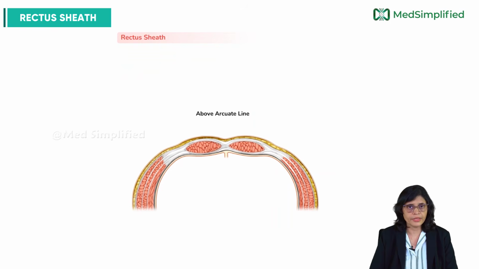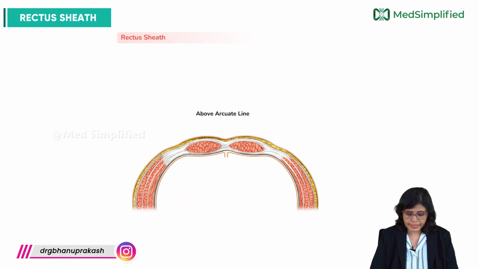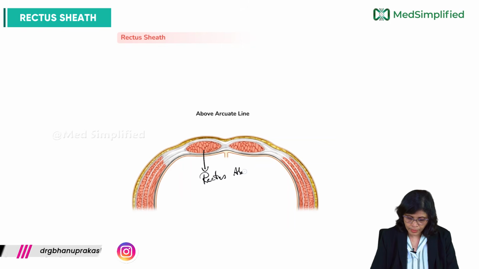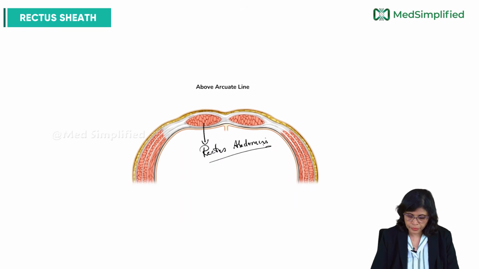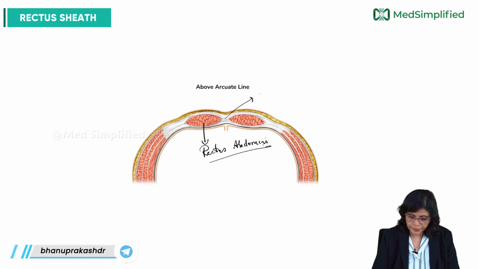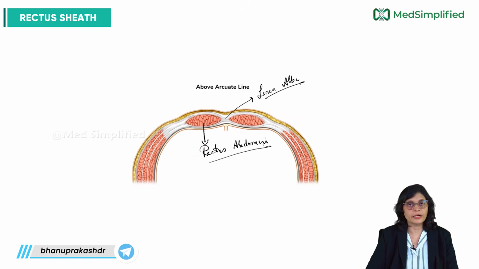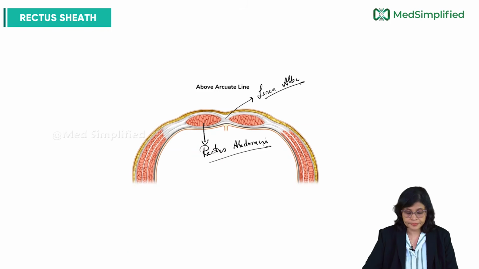So when we see the same thing in a transverse section, this is how we will see. We see the rectus abdominis muscle of both the sides. Okay, so this is the rectus abdominis muscle. So above the arcuate line, here in the center we have this linea alba. So this linea alba is formed by the decussation of all the three aponeuroses from both the sides.